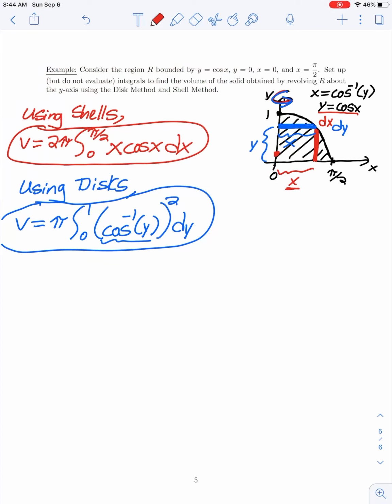However, thus far, we have not talked about methods for integrating a function of the form x times cosine of x. That's something that we'll look at when we start our Chapter 3 material, how to evaluate this type of antiderivative.